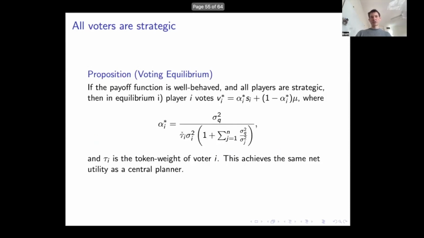And strategic voters will actually shade their signal by dividing by tau I to exactly cancel it out. And so if you have stake weighted voting and people know how informed they are, they're actually going to essentially try to undo that stake weighting.